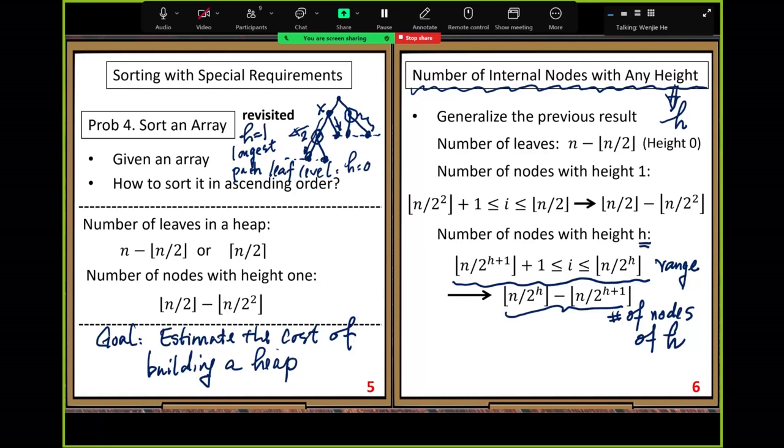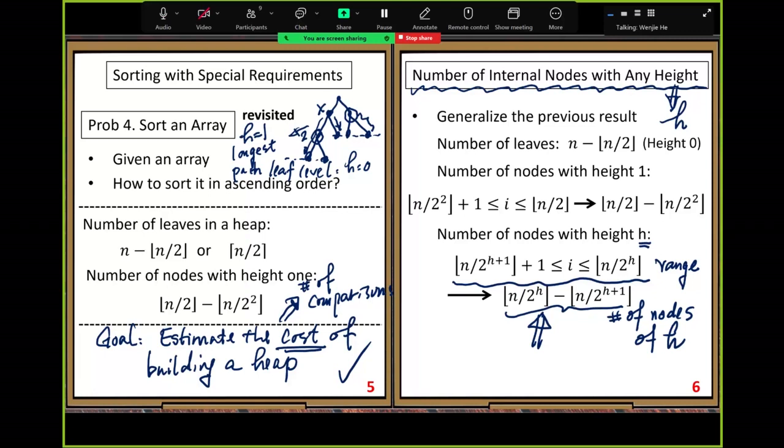The cost here means the number of comparisons. So our next step, we need to do this estimate work. This is our main tool to use.